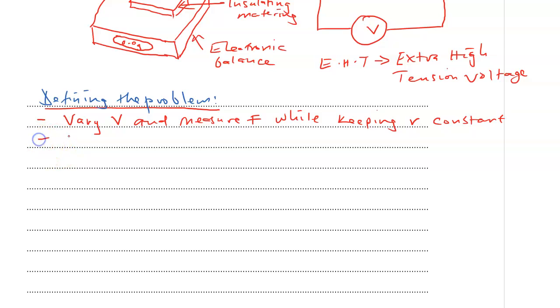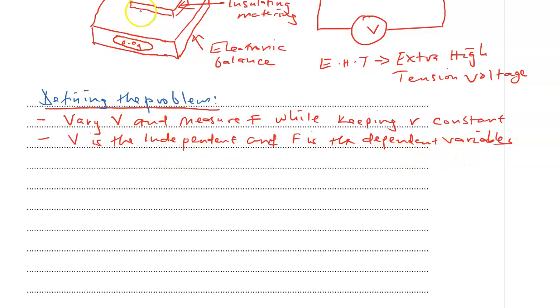So this means that V is the independent variable and F is the dependent variable. That is what it takes to define the problem.